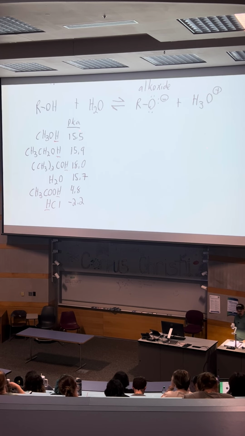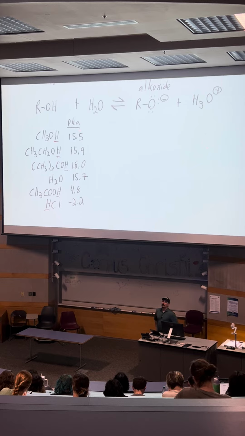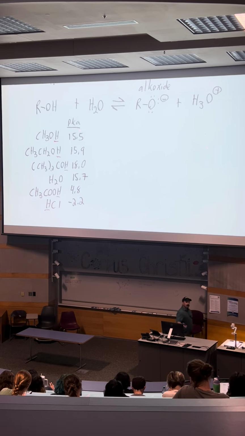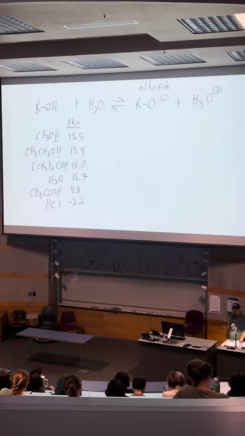And so what this means is, depending on the alcohol and the conjugate acid of the base you use, that's really going to determine whether or not the base you use is strong enough to steal the proton from the alcohol. And so this right here is an example of that, right?